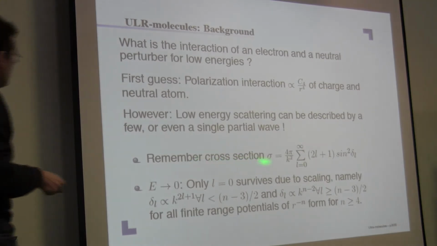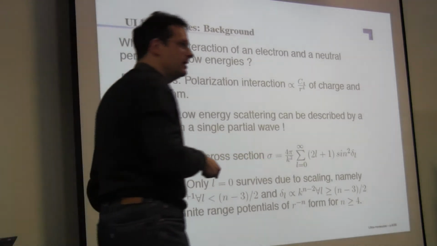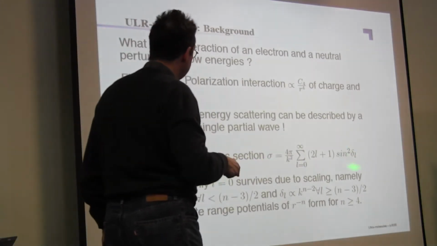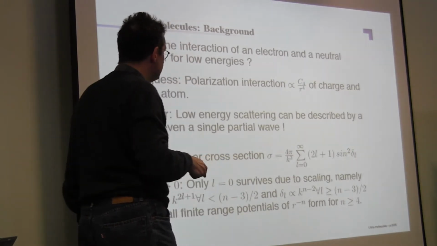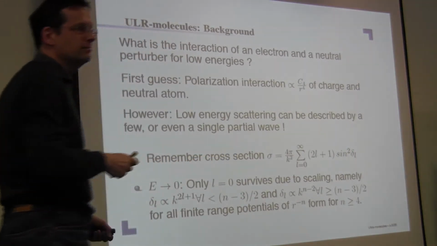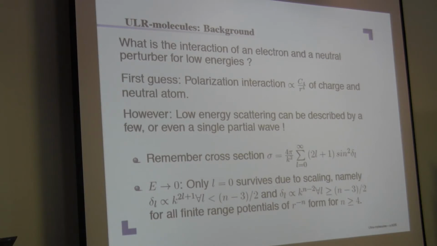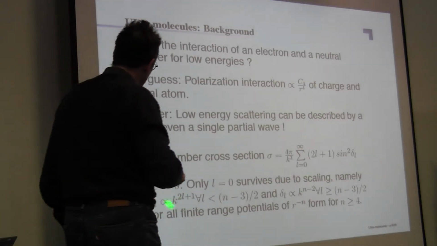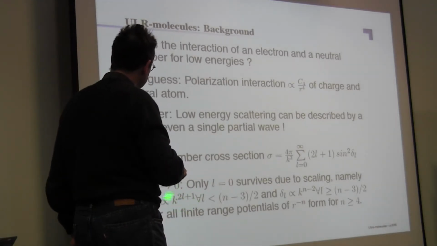Now, if you go to low energies, then it turns out that these phases have a characteristic behavior with the momentum of the scattering. The momentum is represented by k, the wave vector. And these phases, delta L, scale with some power of k.